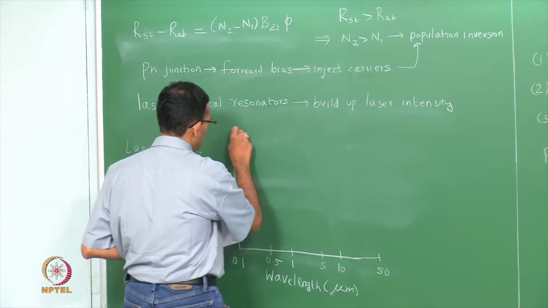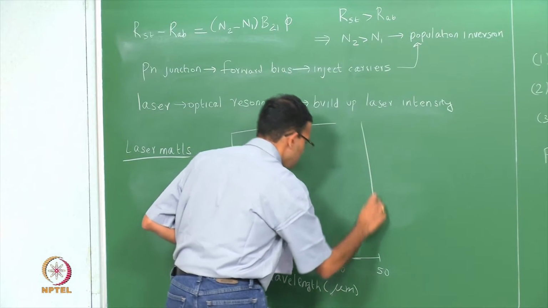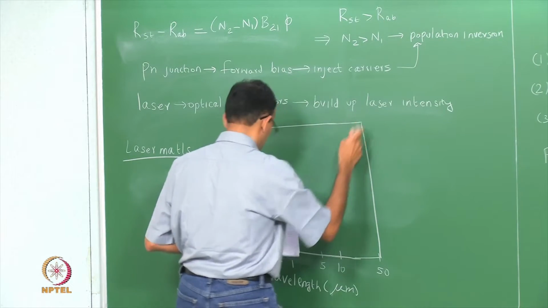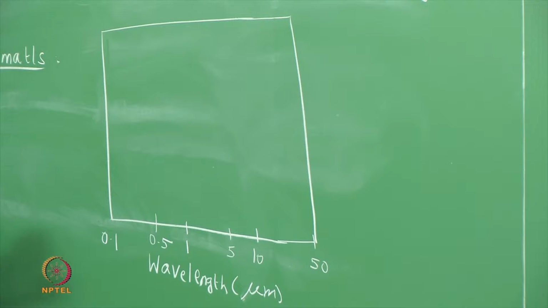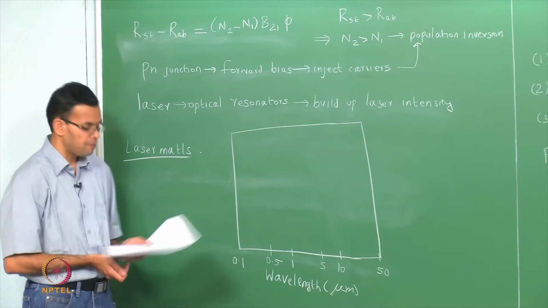This is essentially a log scale. So, if you want laser light, in the case of visible region, we want a material whose band gap lies in the visible.